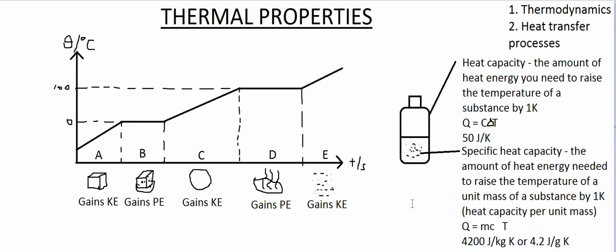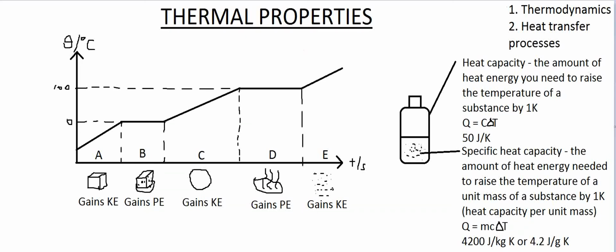So what this means is that, say there's 500 grams of water inside this water bottle right now, and it's at 28 degrees Celsius, like the bottle. If I want to raise the temperature of the water inside this bottle to 29 degrees Celsius, then I need 500 times 4.2 joules of energy.